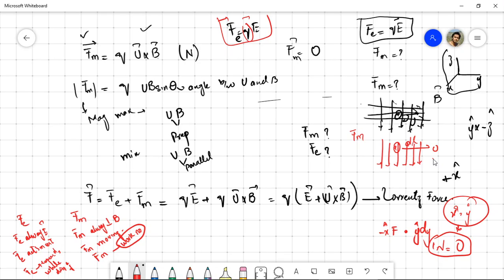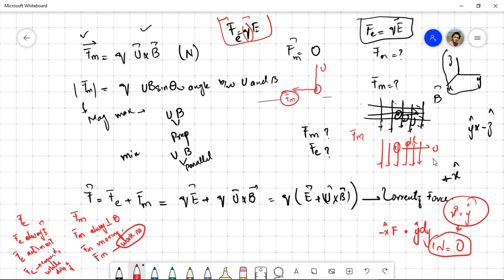All a magnetic force can do is change the direction of the motion, the motion that was under the influence of any external electric field. It can change the direction, because if a charge is moving in this direction and you apply a force in this direction, then this force cannot accelerate or decelerate this charge.